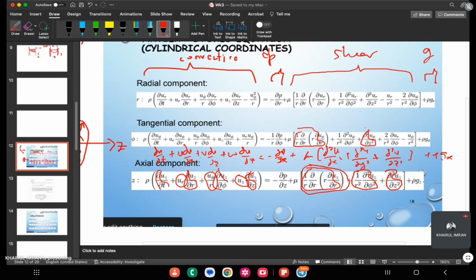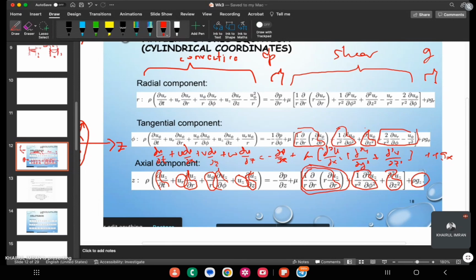Del squared over del z squared. Cuma untuk bahagian tangential component ni, due to some derivation, dia ada penambahan sikit. Yang ni adalah untuk z squared. Okay. Kemudian ada bahagian yang ini. Okay. For this one is gravitational effect. Sama saja. Rho g. Rho g.